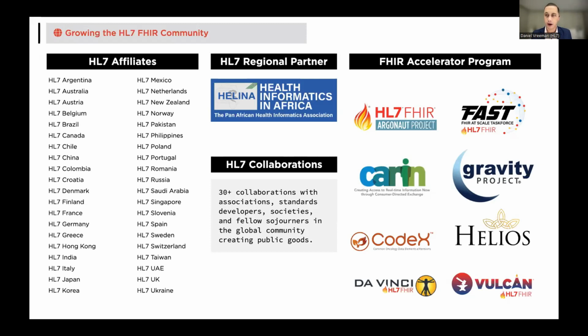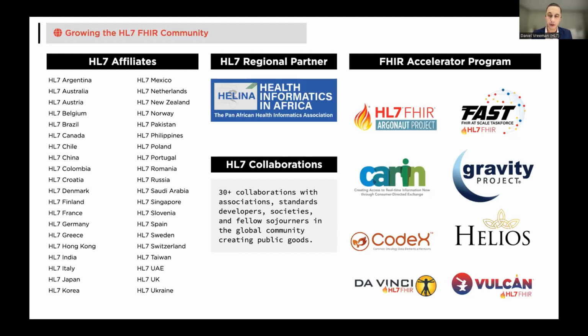The FAST FHIR accelerator is focused on issues that come with scaling FHIR across larger and larger networks, multiple networks, national infrastructures, and so forth. The Carin accelerator has focused on consumer-directed exchange. Gravity has focused on social determinants of health or social needs.